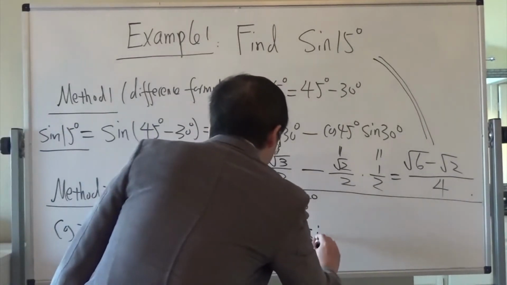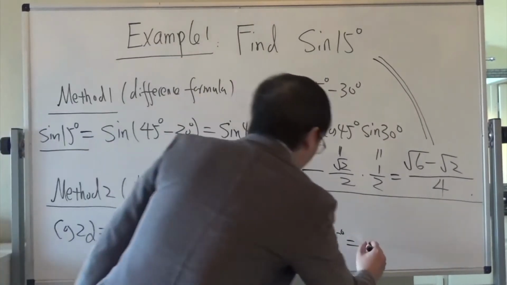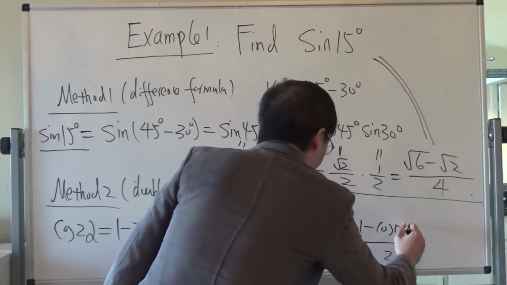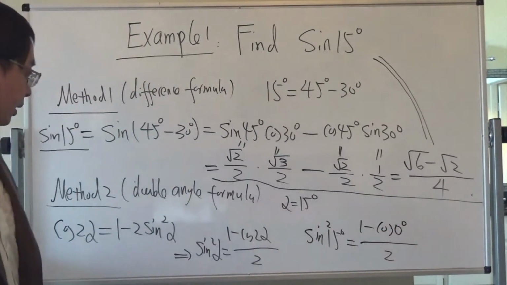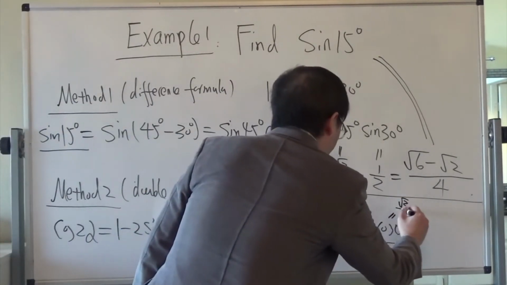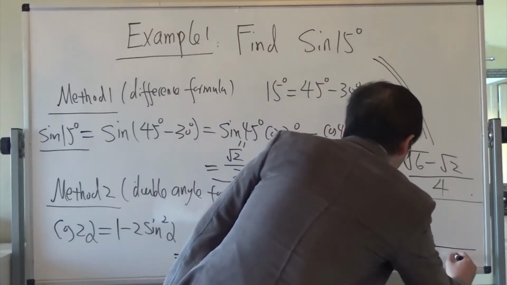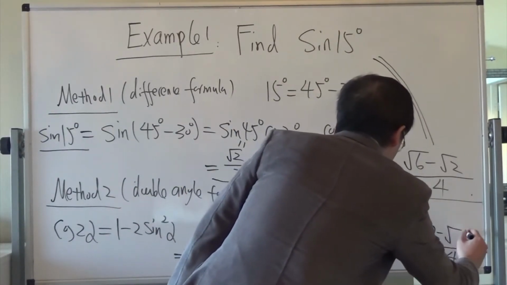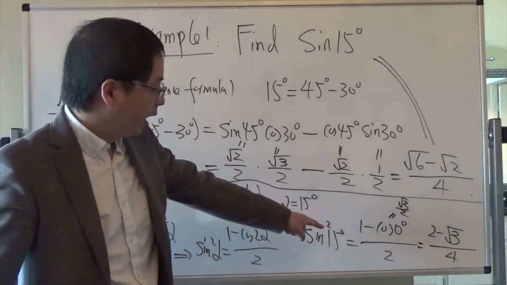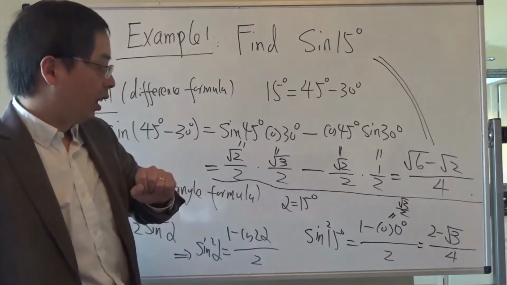So we have sine squared 15 degrees equals 1/2 times (1 minus cosine 30 degrees), and now we replace this by square root 3 over 2, and we get this equals (2 minus the square root of 3) over 4.